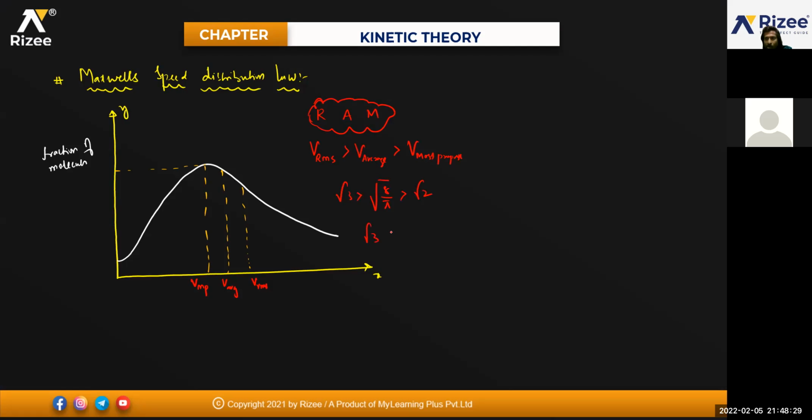So root 3 is greater than root 2.5, which is greater than root 2. Clear, beta? So this ratio you try to remember. That means Vrms is greater than V average, which is greater than V most probable.